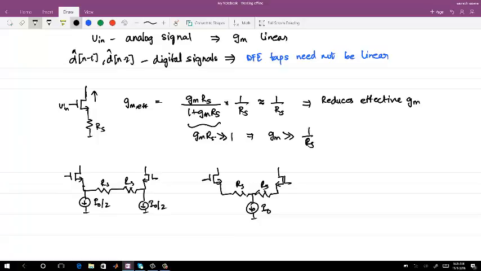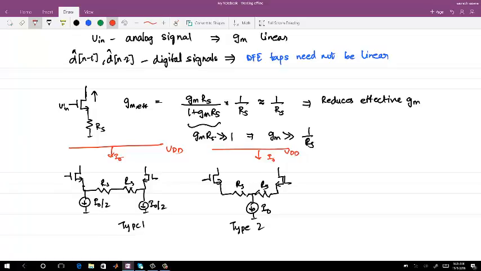What do you think is the trade-off between type 1 and type 2? Power dissipation? No, I'm burning the same current in the two. If you are looking at power dissipation, the I naught current is flowing from the same supply, VDD. Right now, just consider heating aside, the power dissipation is the same, right?